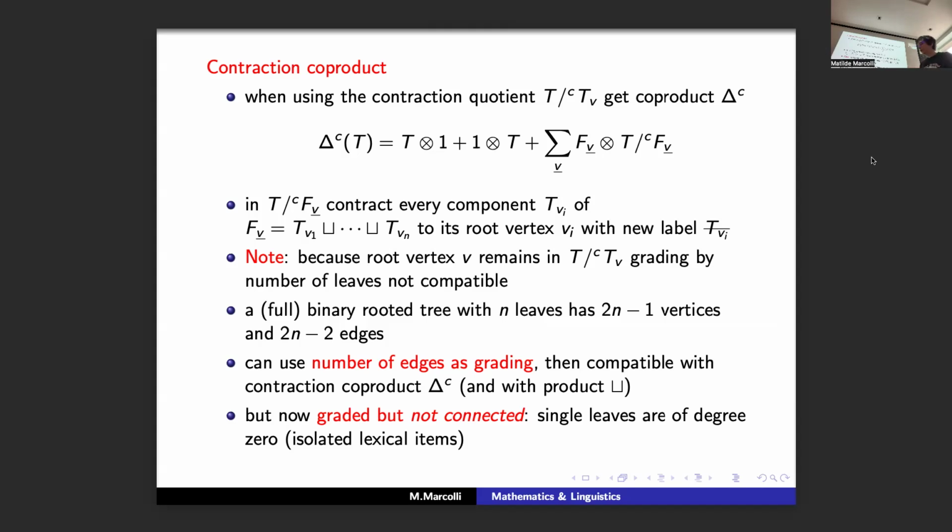So this only makes you lose a globally defined antipode, which is not problematic because, as we'll see, there's nothing that really strictly depends on the antipode.